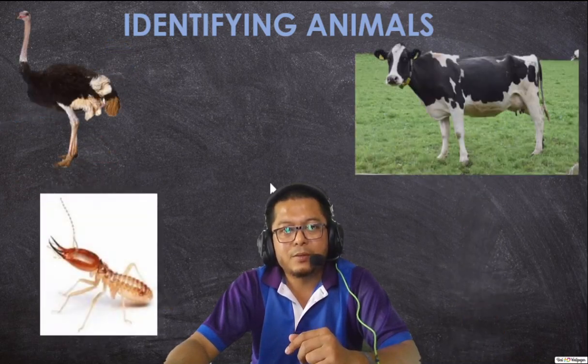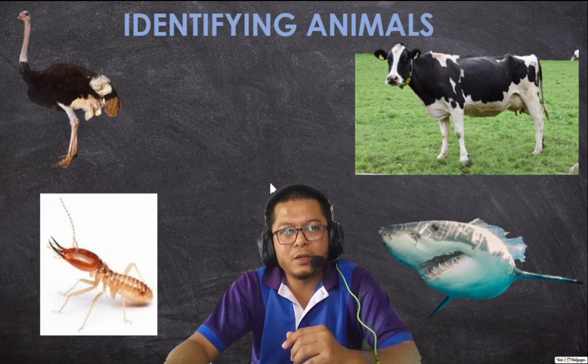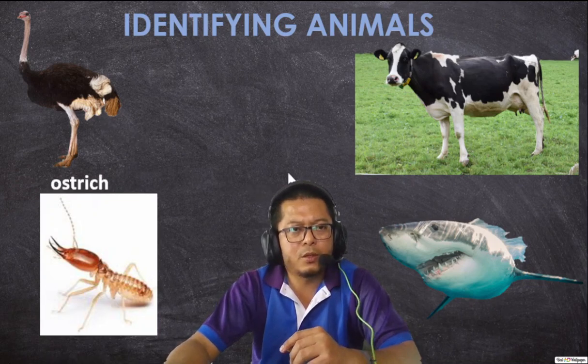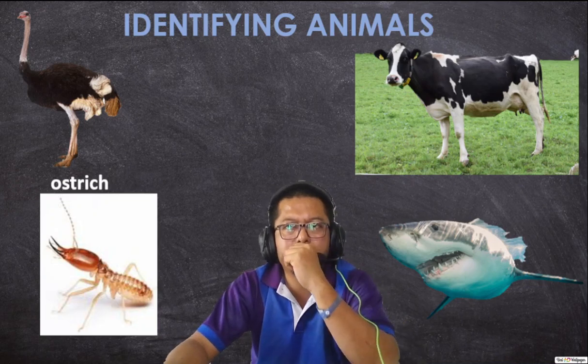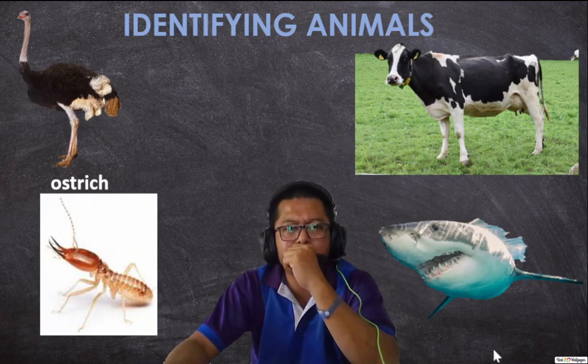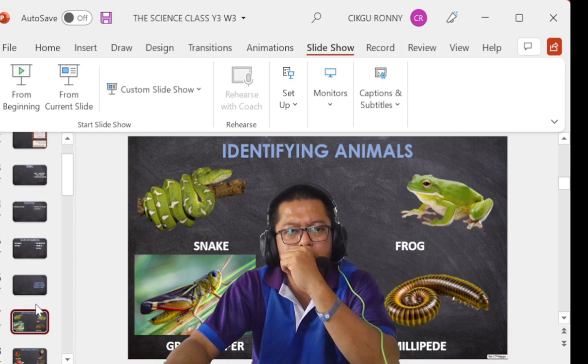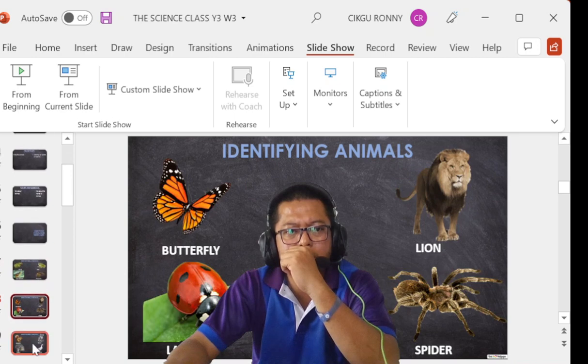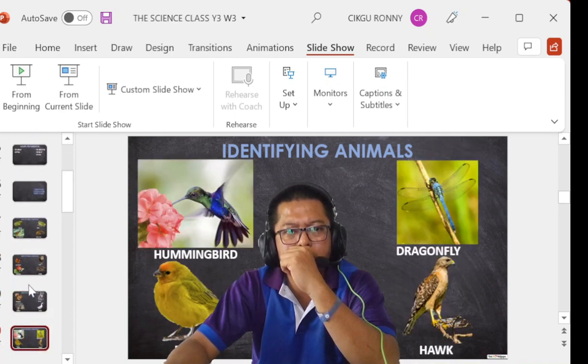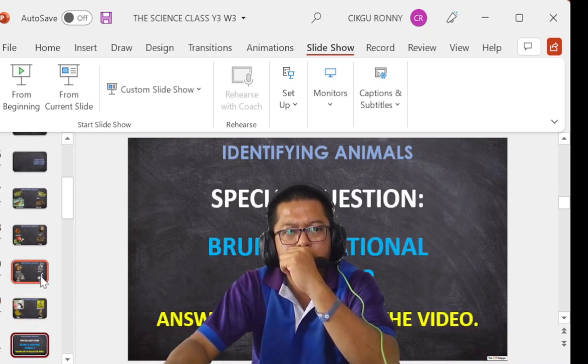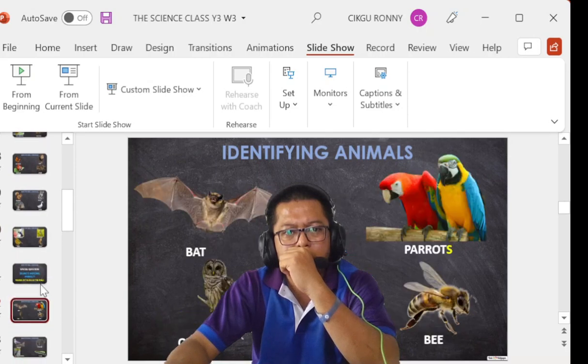Next animal, another four different animals. We can see ostrich. And then, did we talk about ostrich just now? Let's take a look. I think we did talk about turtle, finch, no, owl.